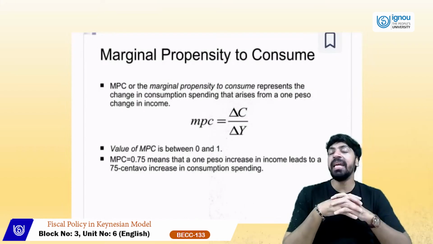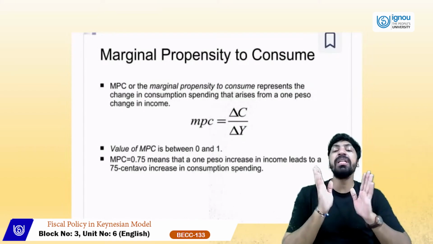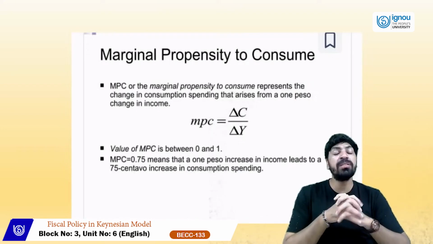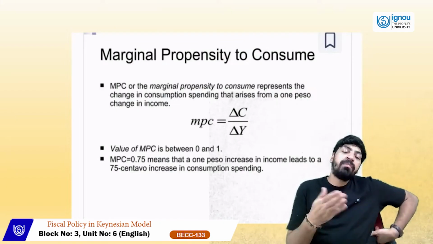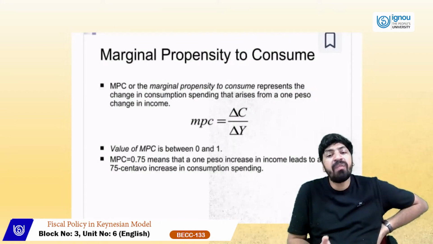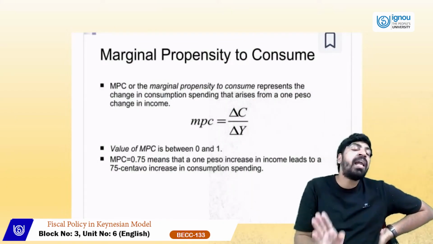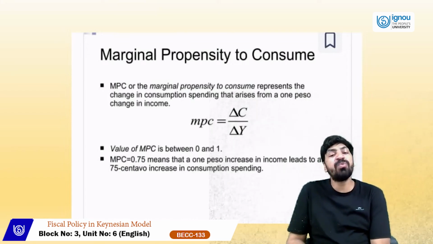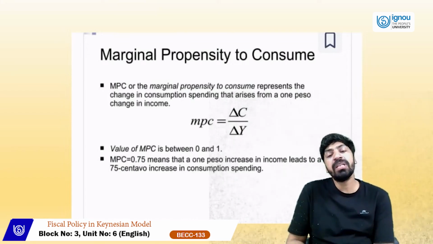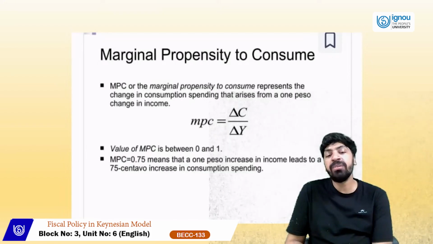The value of MPC is always between 0 and 1, for example 0.25 or 0.11. Whatever the value, it comes between 0 and 1 only.